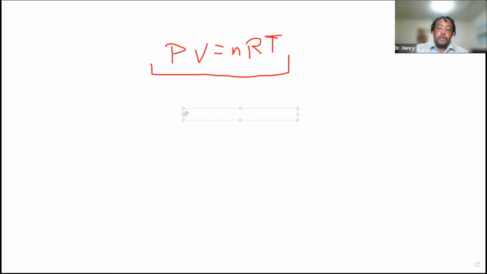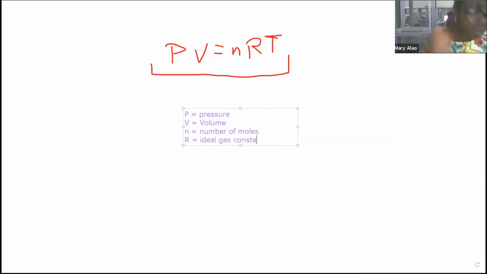Now, P is going to be your pressure. V is going to be your volume. N is going to be your number of moles. R is going to be your ideal gas constant.